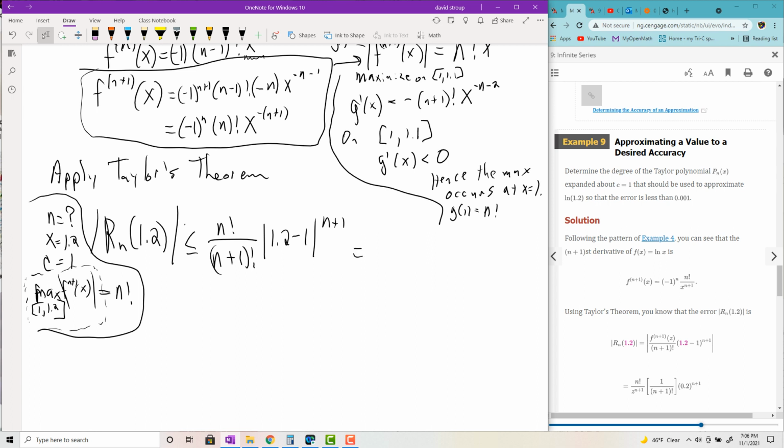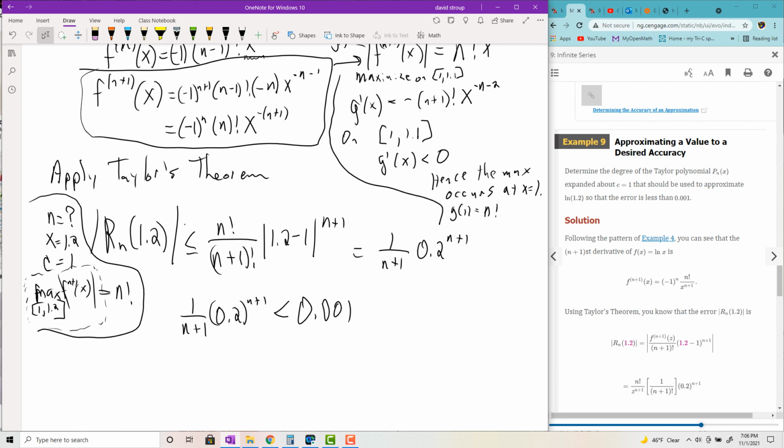So this thing equals n factorial over n plus 1 factorial, which is 1 over n plus 1. And then we have 0.2 to the n plus 1. And we need all of that to be less than the error that was given.